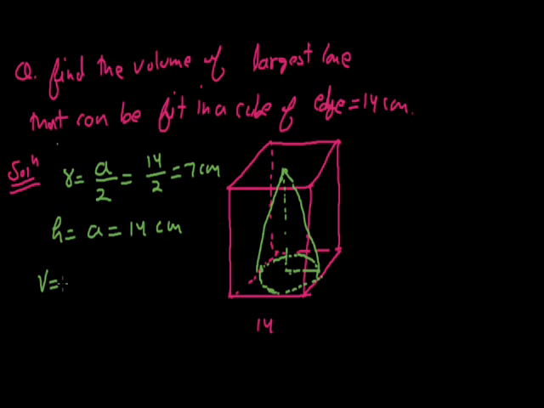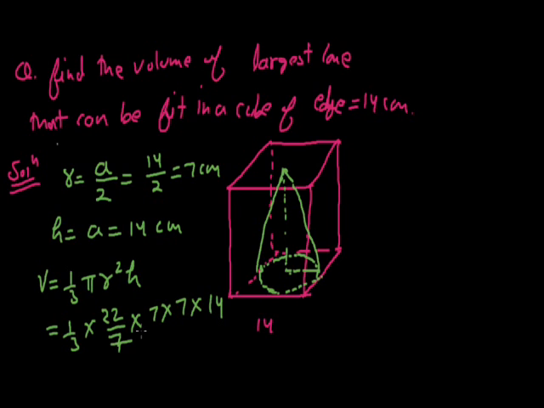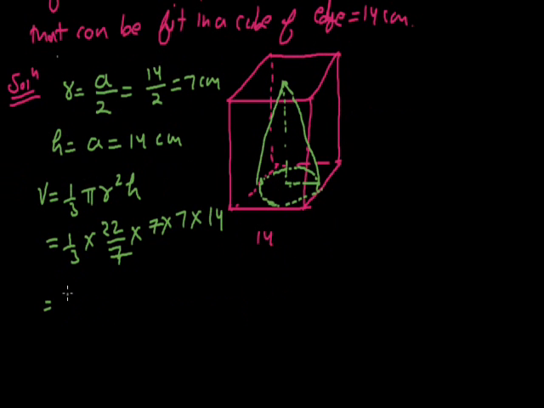So the volume, we know, is 1 by 3 pi r square h. So 1 by 3, in place of pi I put 22 upon 7, and in place of r square I write 7 into 7, and the height is 14. Now 7 and 7 get cancelled, so the volume is equal to 1 by 3 into 22 into 7 into 14, that is 98 whole divided by 3.